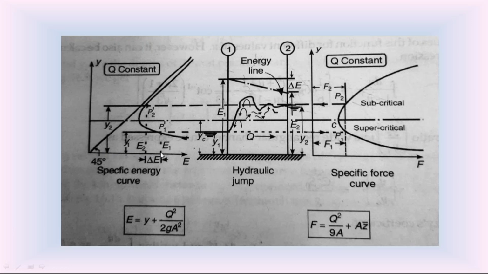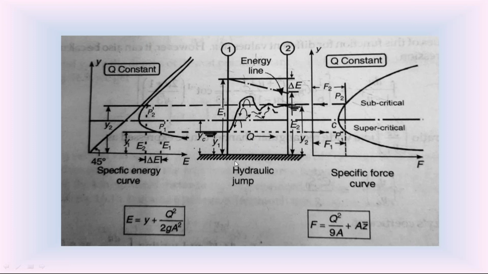The specific energy E1 is greater than the specific energy E2. So this diagram indicates that before the hydraulic jump, the water has more specific energy E1. After the hydraulic jump, the water has less specific energy E2.